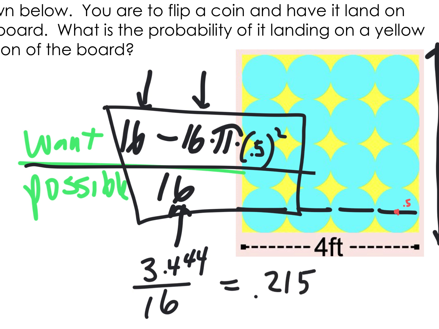Raise your hand if you had that one right. Cool. That's a pretty complicated problem. So your probability is 0.215. If you wanted to say it as a percent, you could. It'd be 21.5% chance.